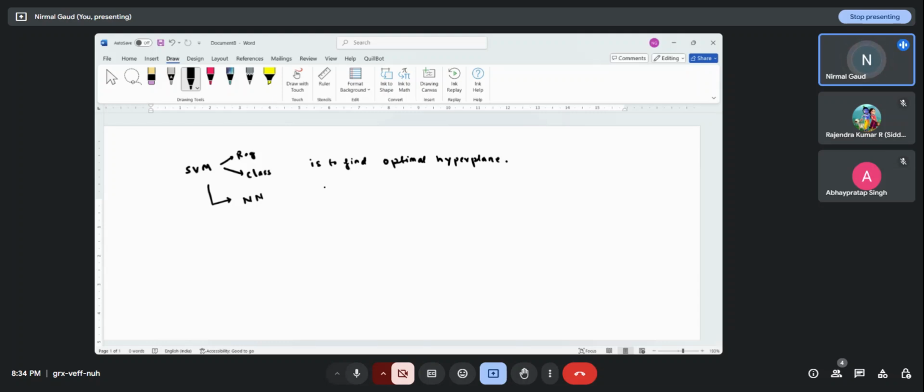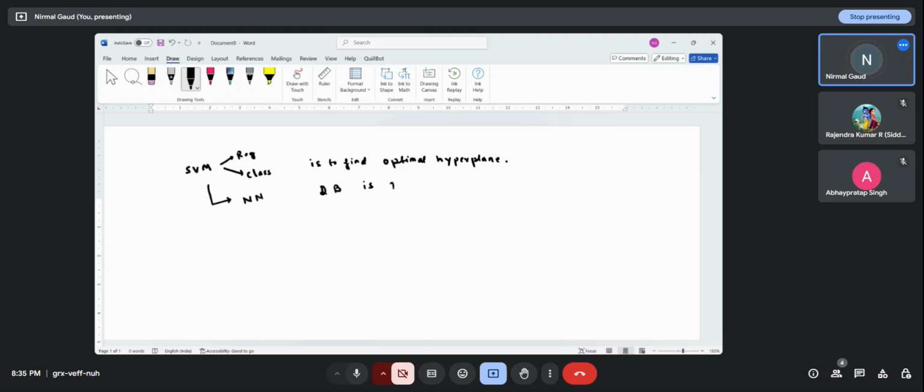Hyperplane is a decision boundary also, and the dimension of the hyperplane is one less than the features.